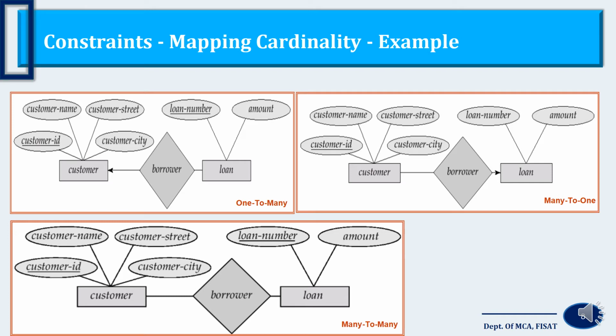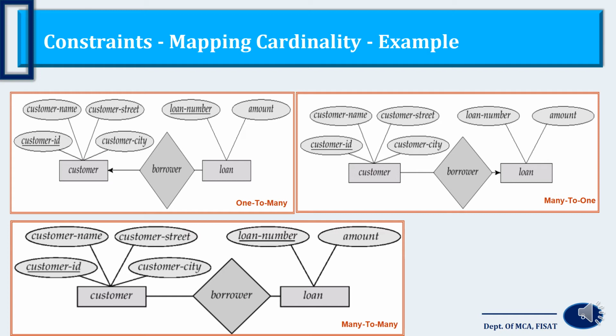And let us look into the many to one. So here, the relationship is many to one. That means a loan is associated with many customers, but a customer is granted with only a single loan. Okay, so from the customer towards the loan, the relationship is one.